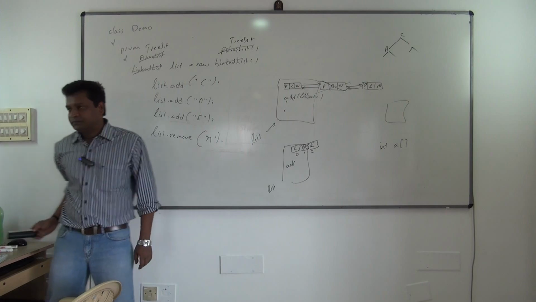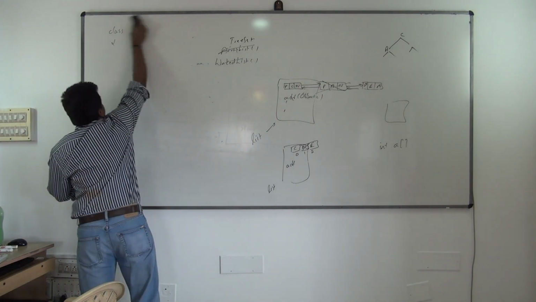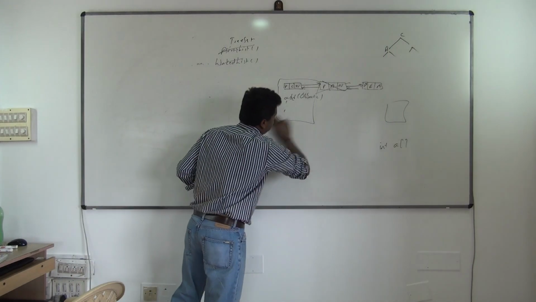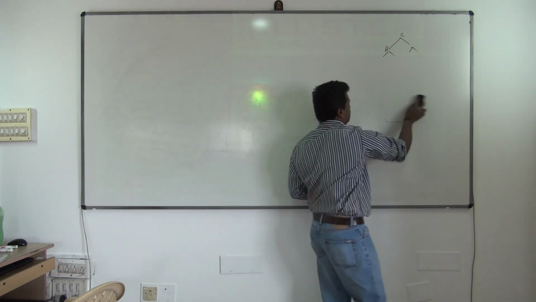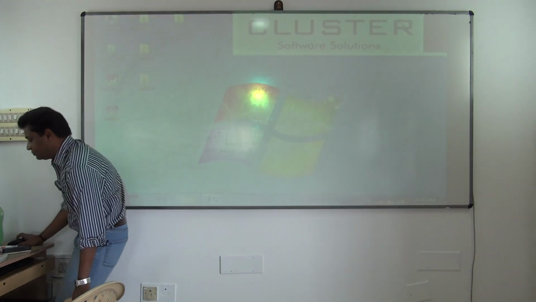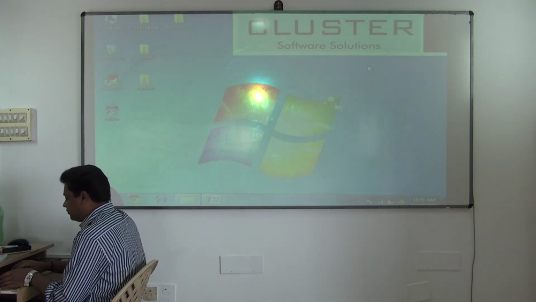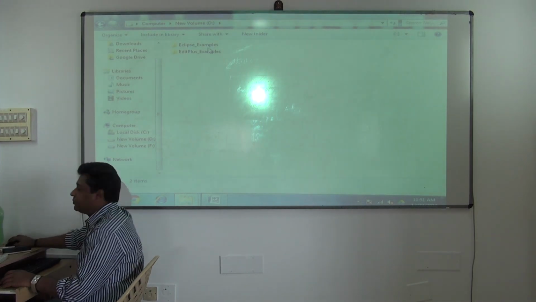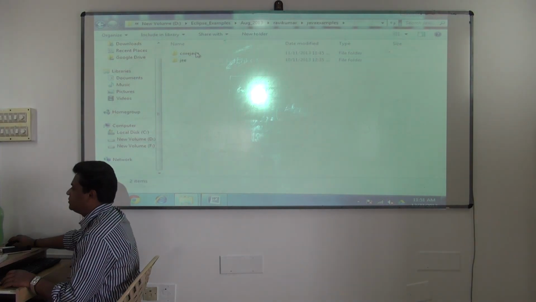So how to code, you see now. Since we are going with the new package now, I'll continue coding in my folder, Eclipse examples, August 2013, Ravi Kumar, Java examples, core Java.